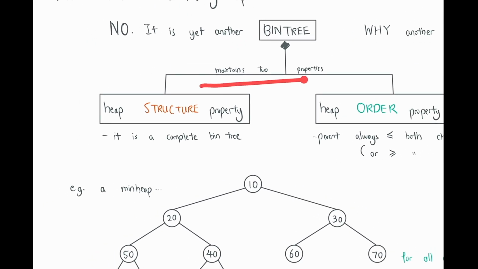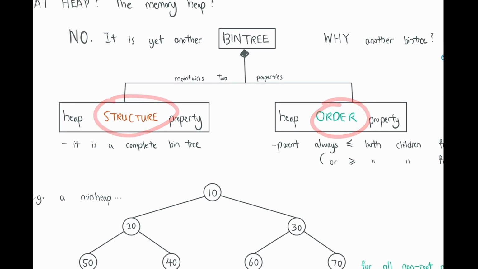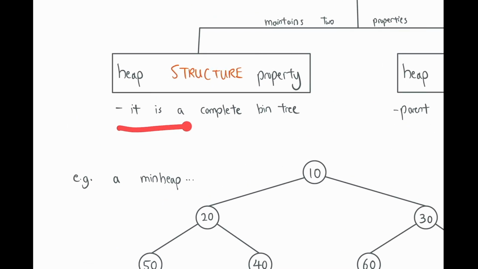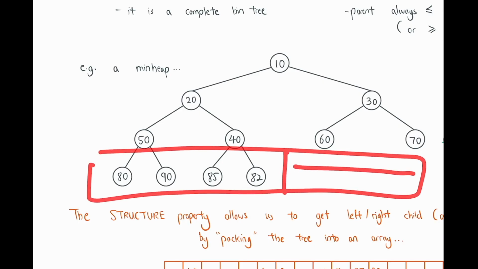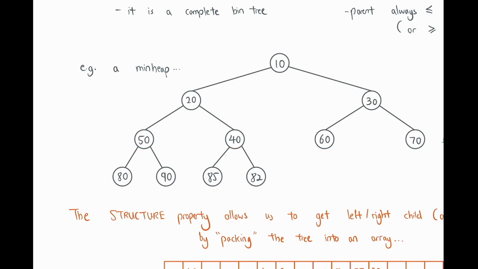So what is this heap? It requires us to maintain two properties. The first property is the structure property. The second property is the order property. The structure property simply says that it needs to be a complete binary tree. Complete binary tree means that at the leaf level, everything is packed to the left side. You shouldn't have any empty space, like we have seen before. If we had something here, then this would not be a complete binary tree.